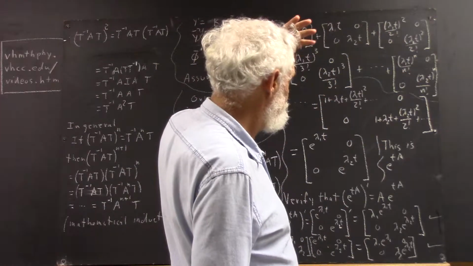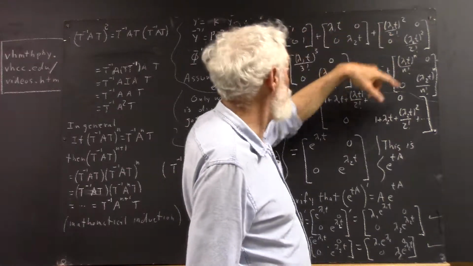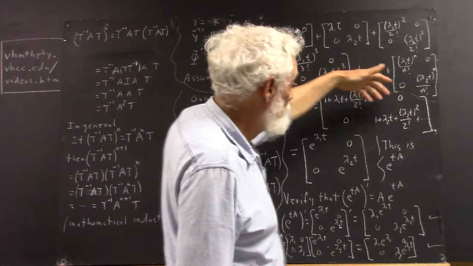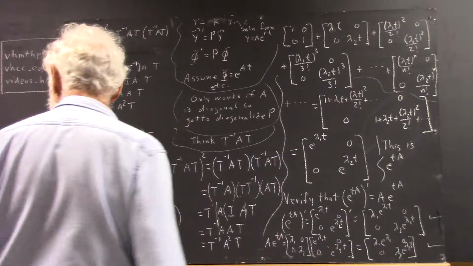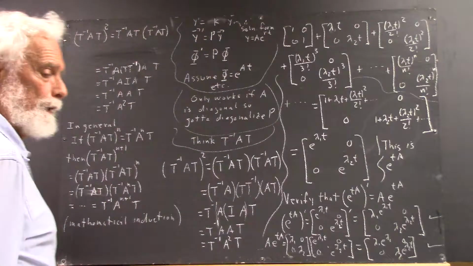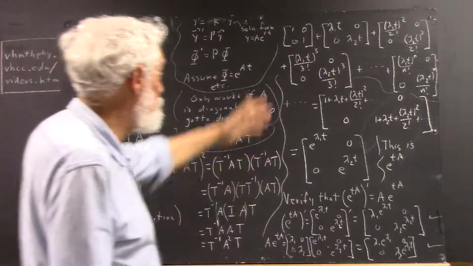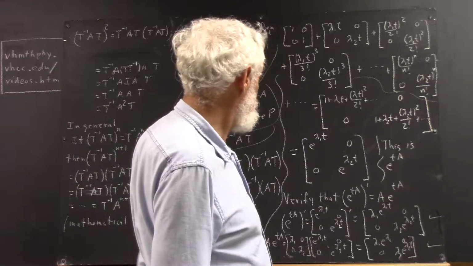But dividing the second power of the matrix by 2 factorial, the third power by 3 factorial, and the nth power by n factorial. Well, that matches the formula, and I think I've already erased it, but for the exponential function. This is just what we get if we do the exponential of the matrix, okay?